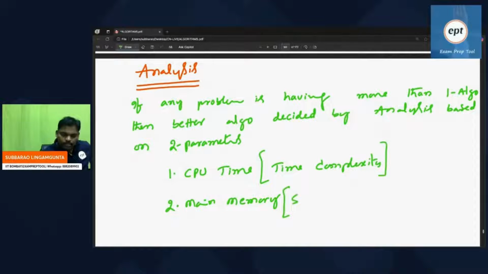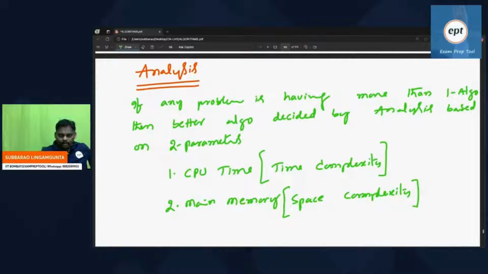This is called space complexity. If any problem is having more than one algorithm, then the better algorithm is decided by analysis based on two parameters: CPU time, which is called time complexity, and main memory, which is called space complexity.